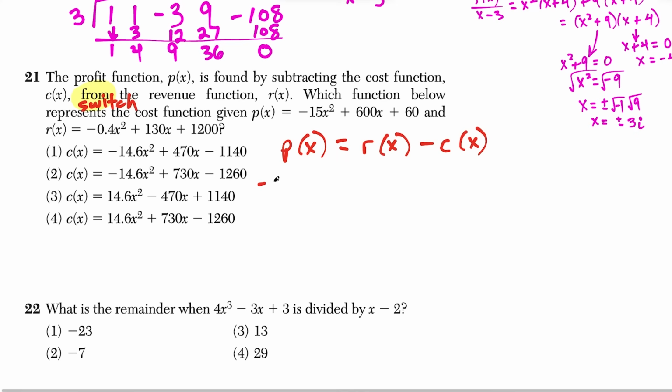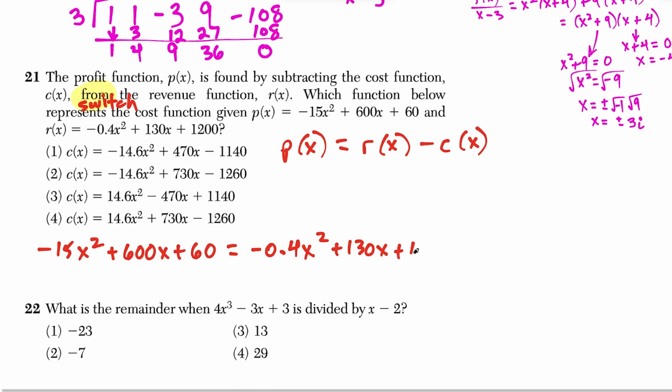P of x is negative 15x squared, and I'll write this over here because this is going to take up a lot of space. So we're going to have negative 15x squared, and then we have plus 600x, and then plus 60. And that's p of x. This is equal to r of x, which is negative 0.4x squared plus 130x, and then plus 1200.